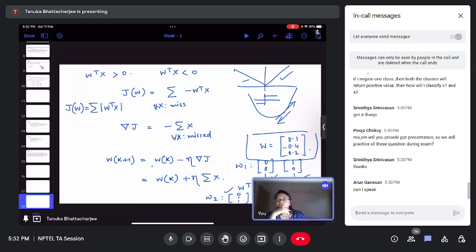No, but here also you need to compute delta J, and it will not always be positive, right? Depending on whether your X is positive or negative, your delta will be either positive or negative. So if you are taking the mod function, mod does not always have the same derivative.